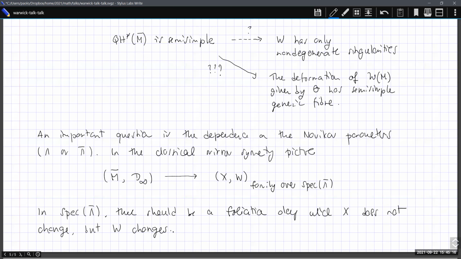Let me talk in informal language here. If you think of lambda as formal Kähler parameters, if you change the Kähler parameters, it could be that X changes, or it could be that X stays the same, but W changes, right?